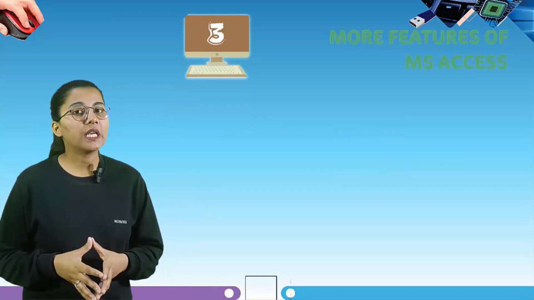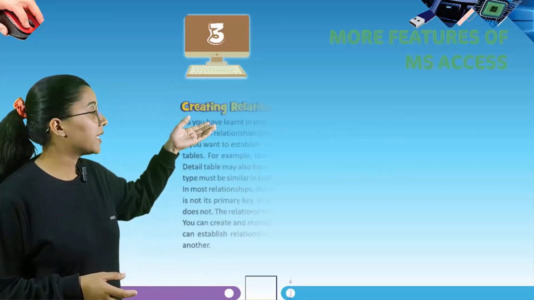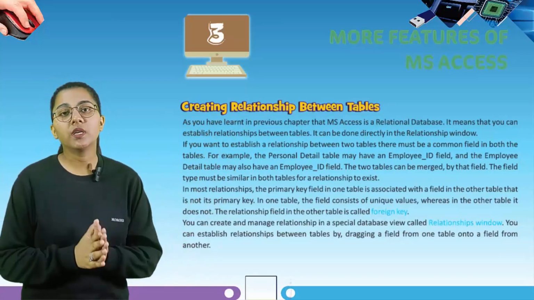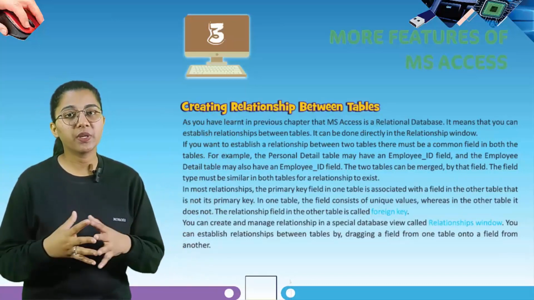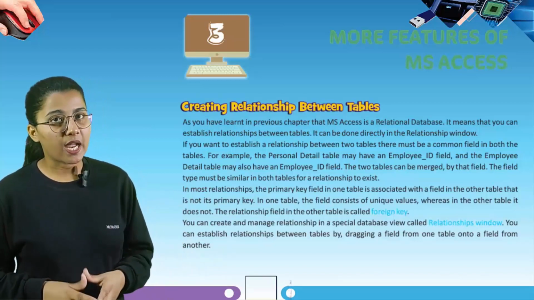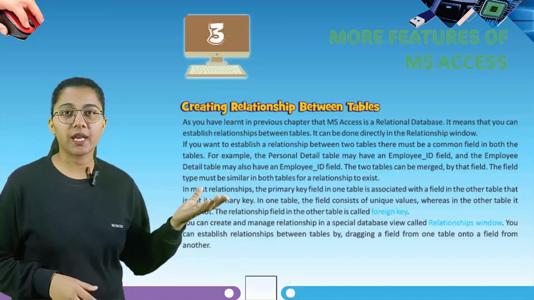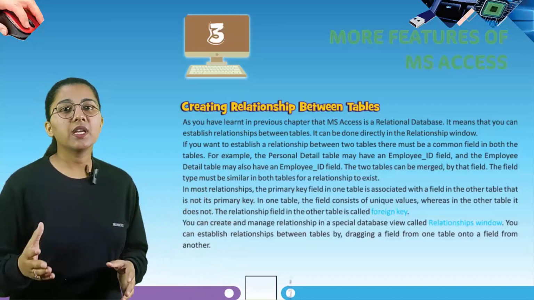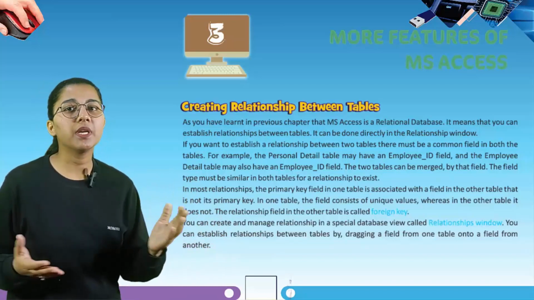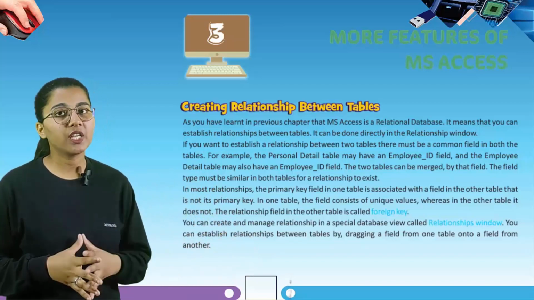So this is how you can remove any field from your table. Now let's start our new topic, that is creating relationship between tables. In this topic, we are going to learn how to create relationship between tables. As you have learned in the previous chapter, MS Access is a relational database. It means that you can establish relationships between tables. It can be done directly in the relationship window.